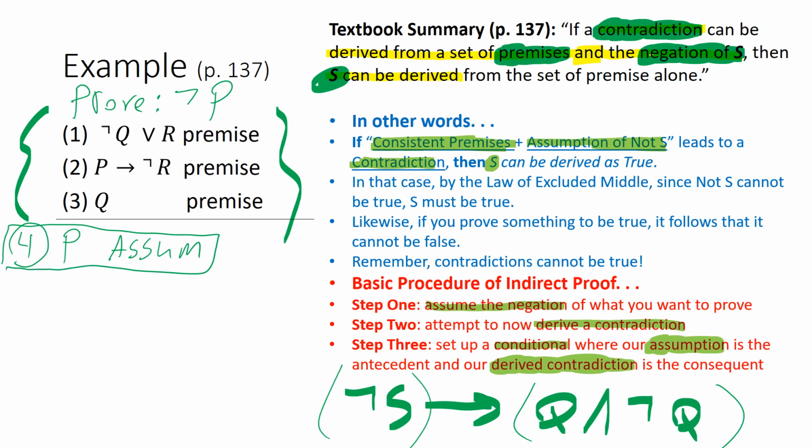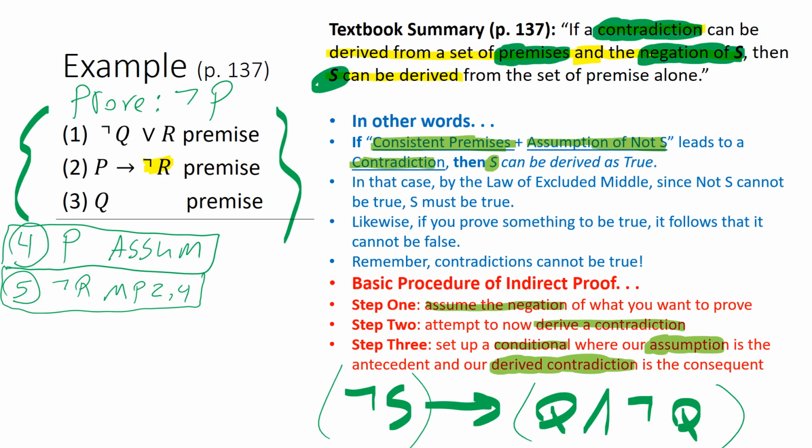If we assume P is the case, if we look at sentence 2, we find out that not R follows. So for sentence 5, we can say not R, because we have a modus ponens inference with sentences 2 and 4. This is based on an assumption, so it's in quarantine.